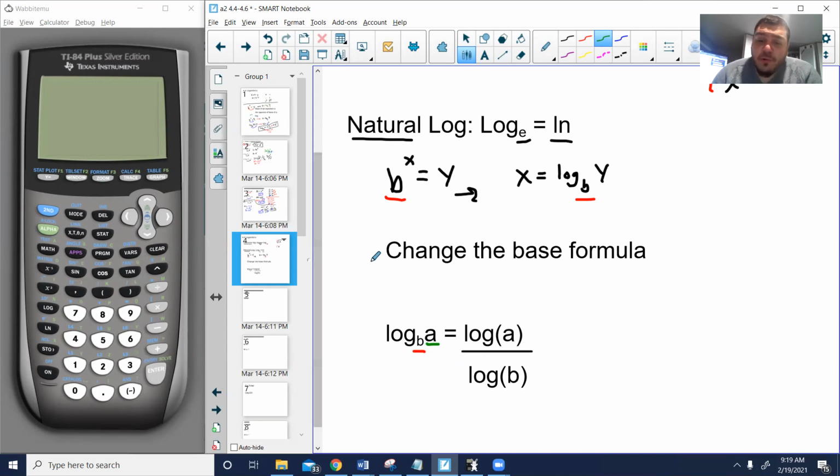It's a very simple formula. Basically, you have log base b of a, you change it to log of a over log of b. That's all. So the base goes to the bottom. Base goes to the bottom. That's how you want to remember it.